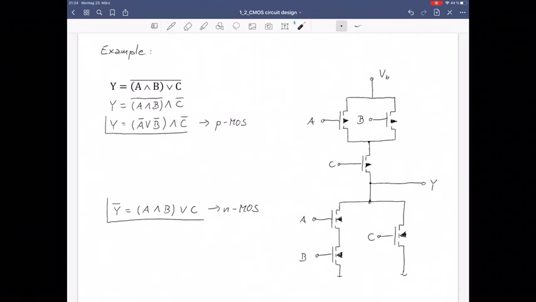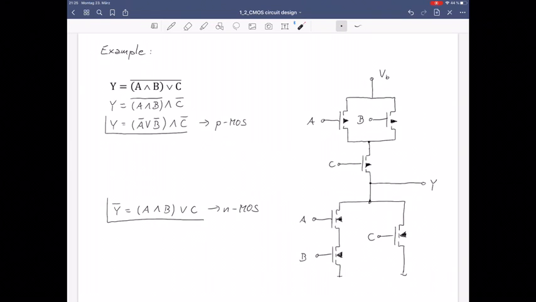First, we note that we have the same input signals for both blocks. If you look at the PMOS block, we have signal A and the same signal A, which goes to the corresponding transistor in the NMOS block. The same applies for signal B and of course signal C. So why is this? If we look at the PMOS equation, here we have the input variables A bar, B bar and C bar.